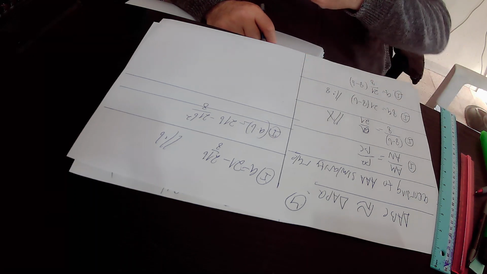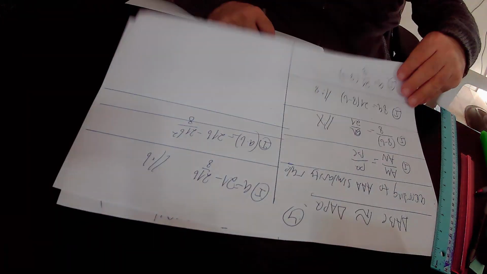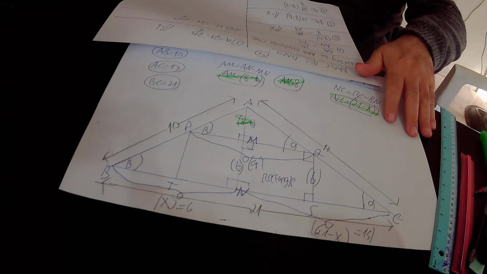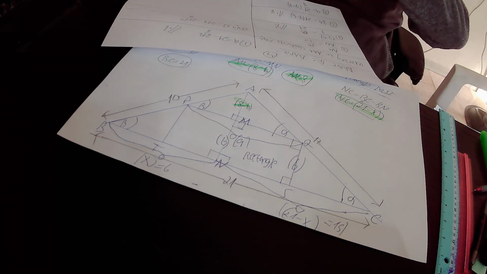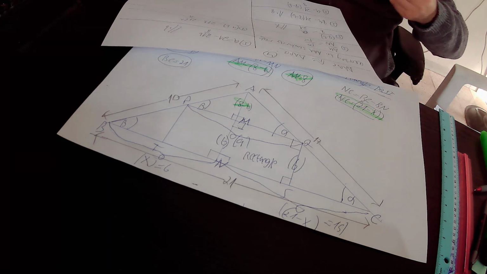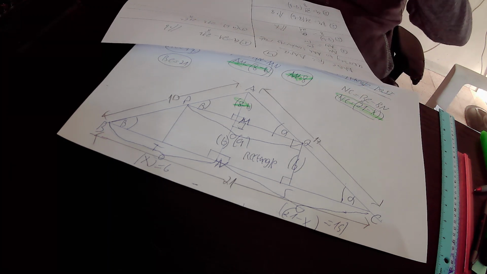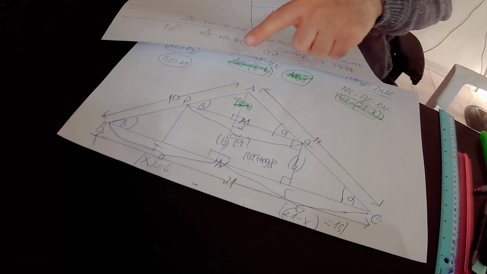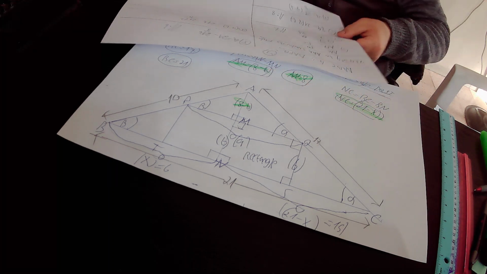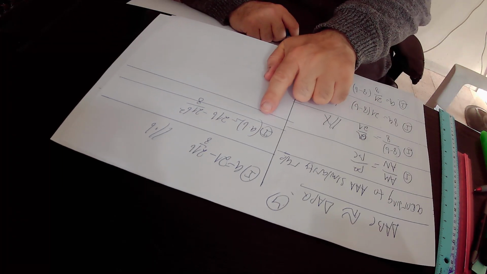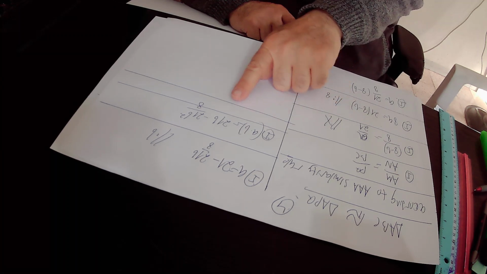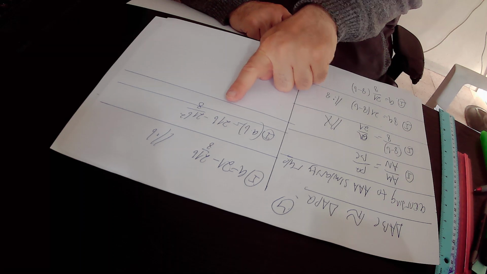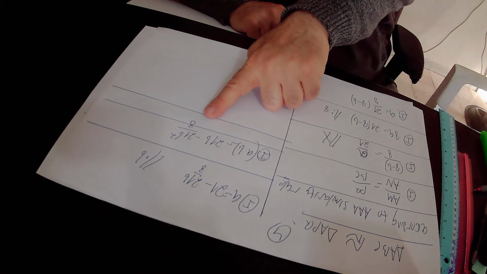So what is A times B? A is the length of this rectangle PQST, and B is the width. The length times the width is the area of this rectangle PQST. So on this side of the equation we have the area of rectangle PQST equals 21B minus 21B squared over 8.